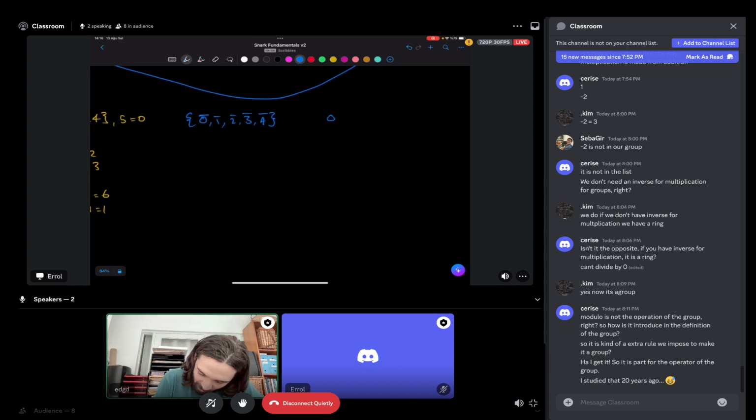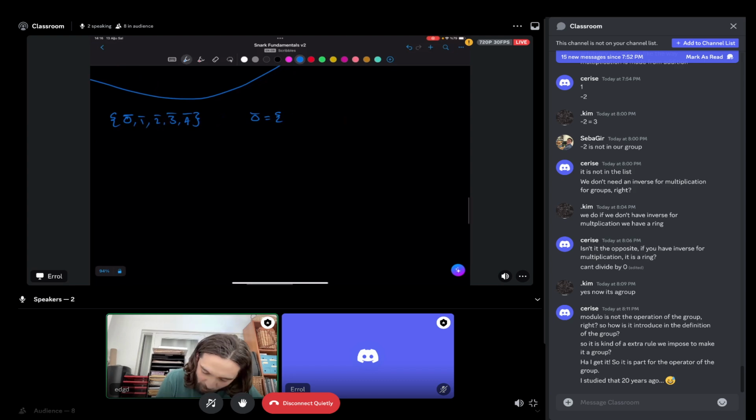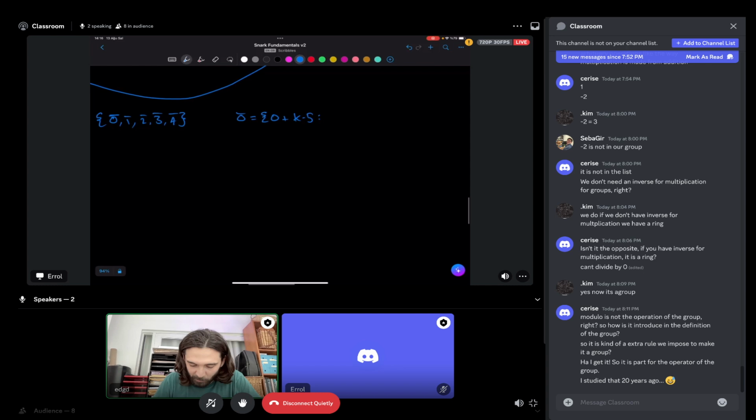And 0 bar is the set of all things of the form 0 plus k times 5, such that k is an integer. I use this colon to mean such that, which is normal mathematical notation as well.